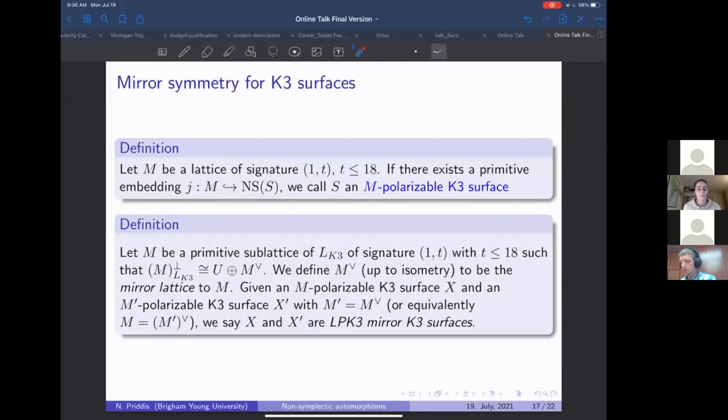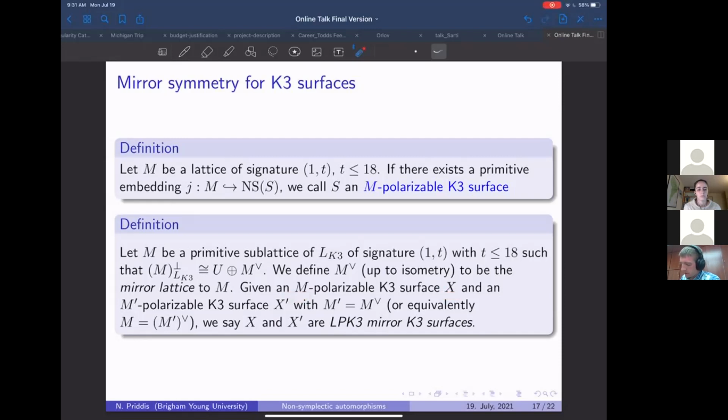And so how does mirror symmetry for K3 surfaces work? Well, you start with a sublattice M of the K3 lattice, which should have signature (1,t), and you think about X being M-polarizable. What's the mirror for X?